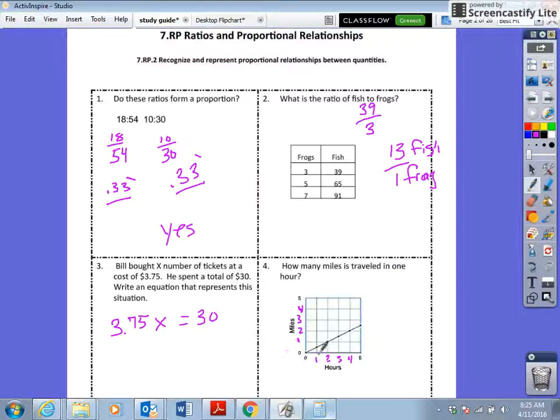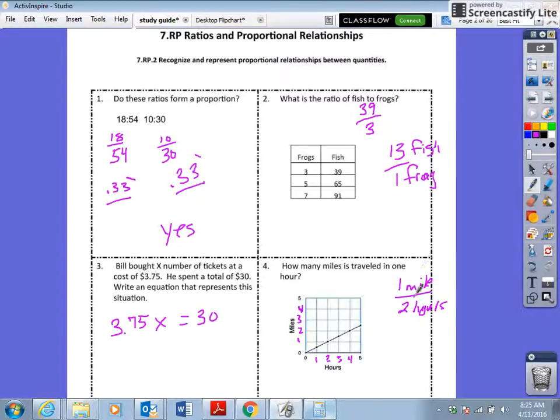Well, I could go to 1 hour, but it's kind of tricky to see what number that is because it's not dead on to a line. So I'm going to come over to where 1 is dead on a line, right here. So I know that he can go 1 mile, because here's 1 mile, in 2 hours. So that ratio works.